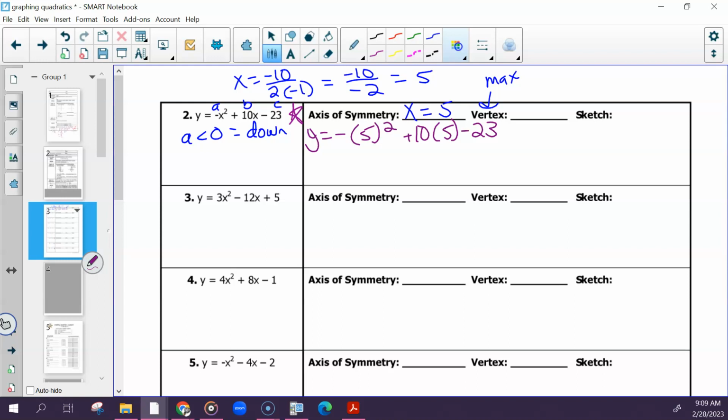I'm going to start to do this by hand. So this would be negative 25 plus 50 minus 23. The negative doesn't go with the 5, it goes outside. So the 5 is going to be squared, and then it'll be negative.